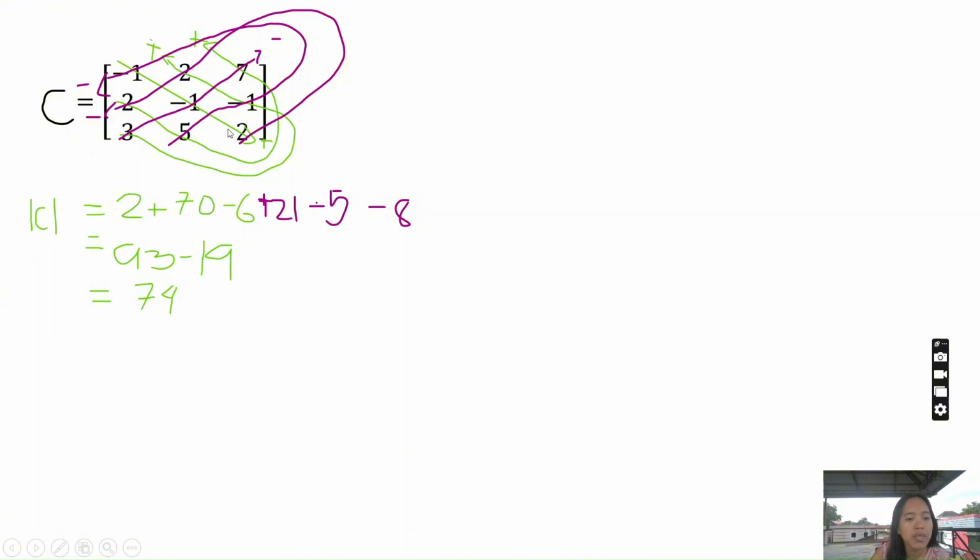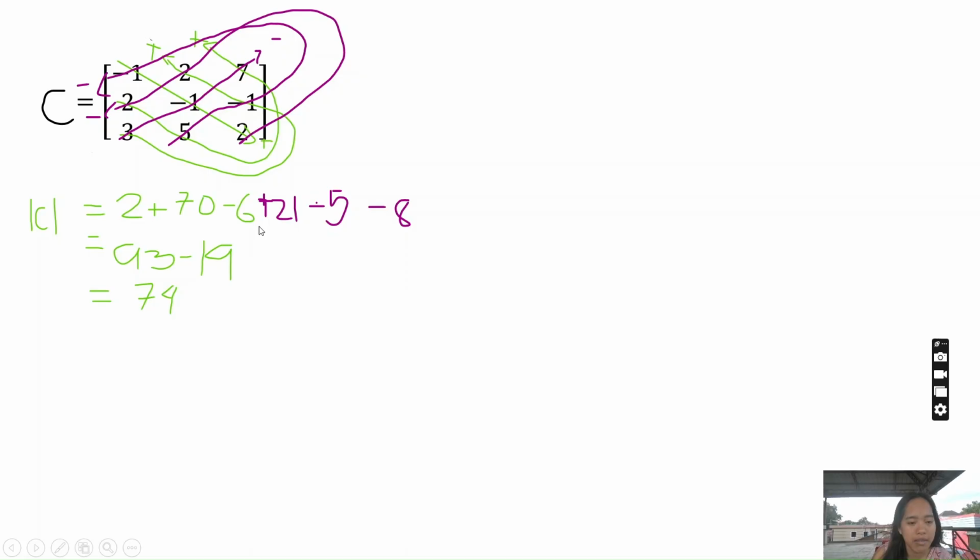Plus 2 times 5 times 7, which is 70, minus 3 times negative 1 times 2.